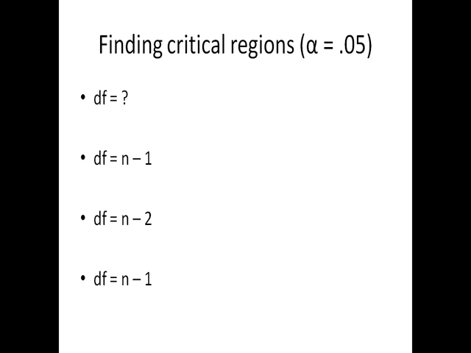The second option we have is to take the number of participants in group 1 minus 1 and add that to the number of participants in the second group minus 1. Now, that's going to turn out to be the equivalent of using n minus 2. Either way works just as well.